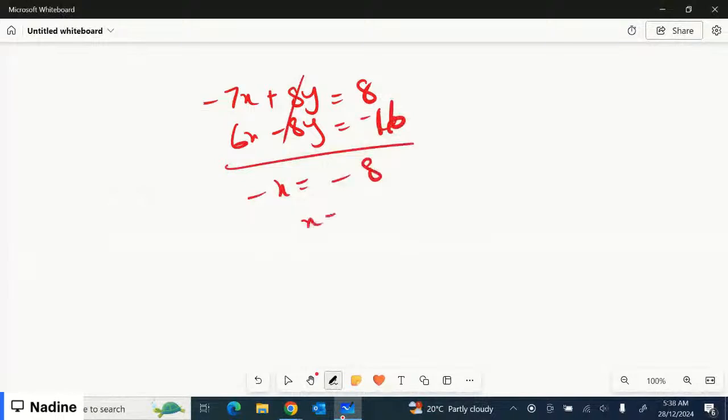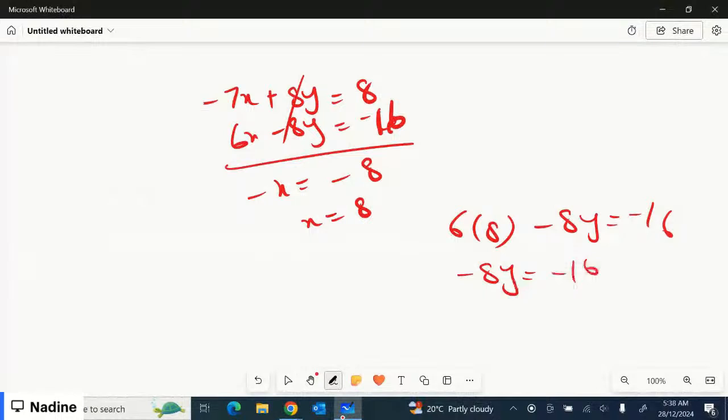Negative x equals negative 8, x equals 8, right? So 6 times 8 minus 8 times y is negative 16. 8 times 6 is 48. Negative 8y equals negative 16 minus 48.